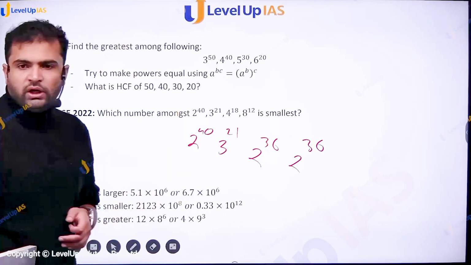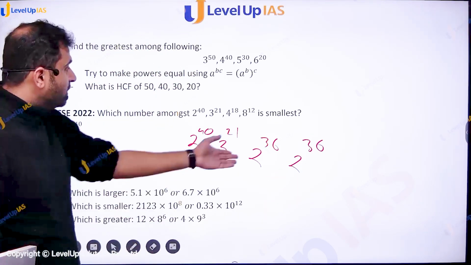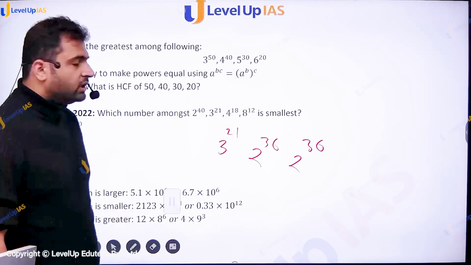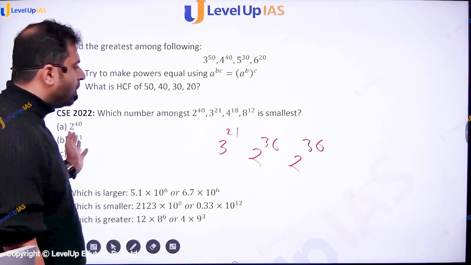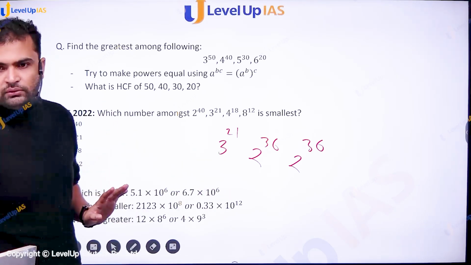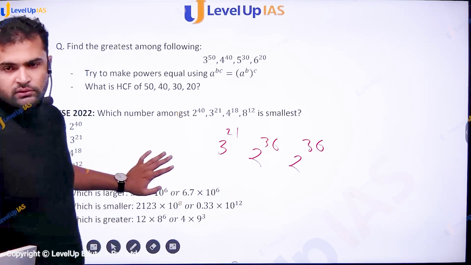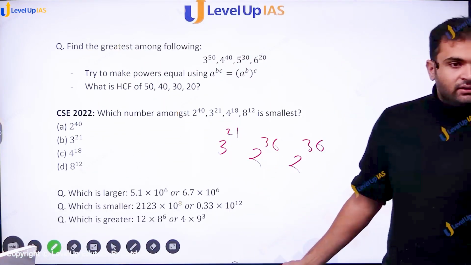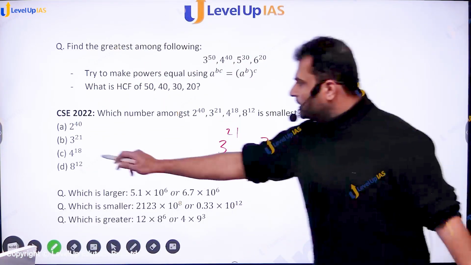The question is smallest. So 2 to the 40 cannot be smallest because there are smaller numbers available. So it's gone. And there will not be two answers for one question. So of course the answer would be 3 to the 21.